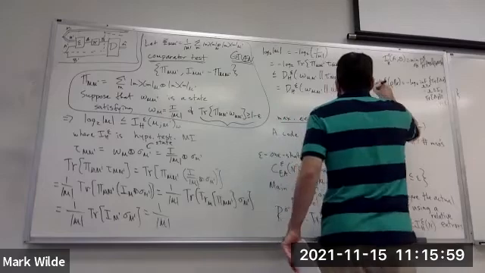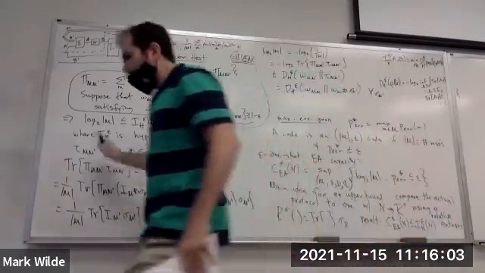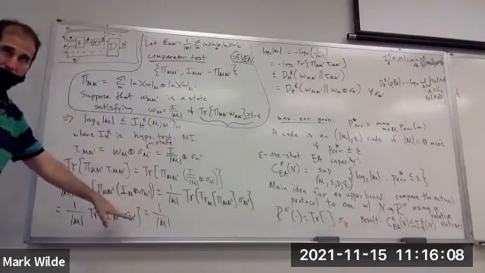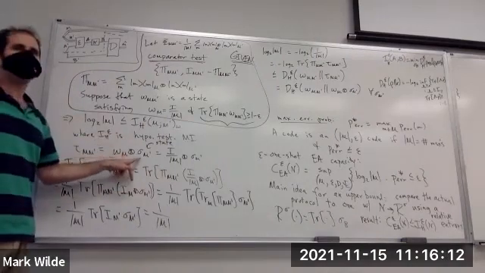And what did we do? We proved this holds for all sigma M prime, right? This line of reasoning for this non-signaling guessing bound holds independent of the choice of the state here.